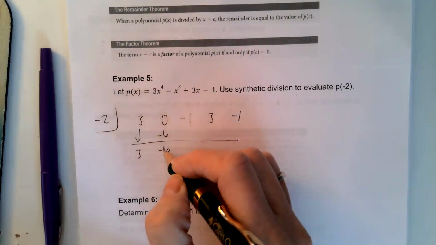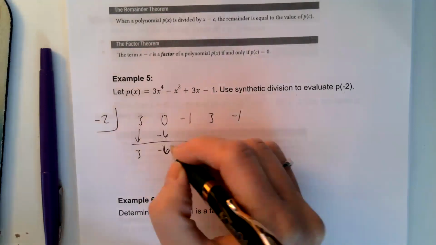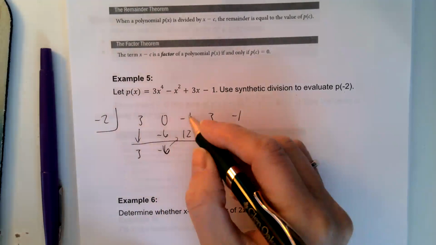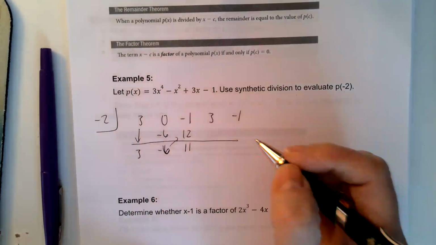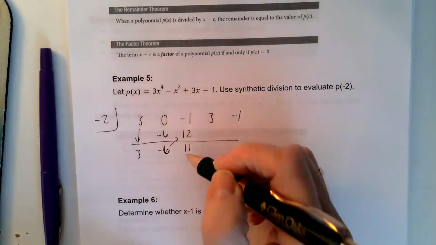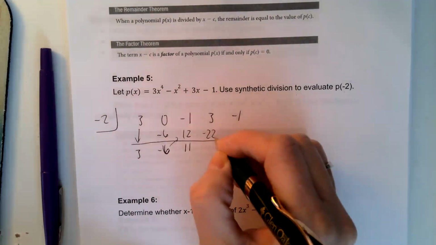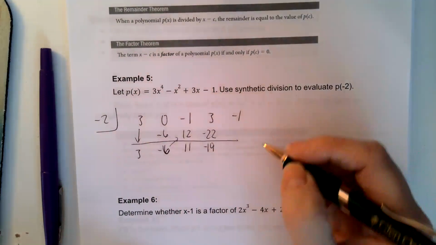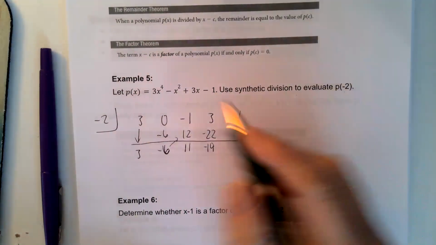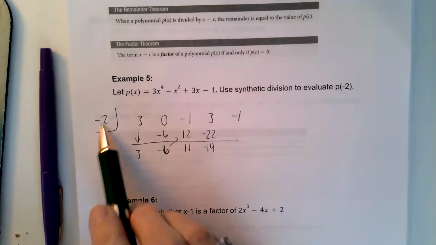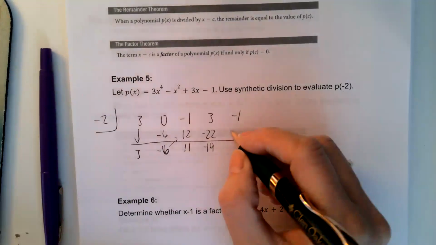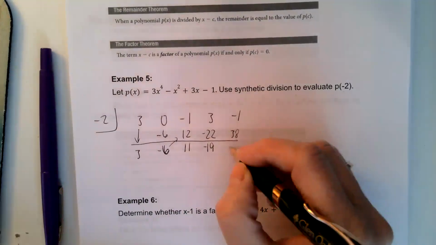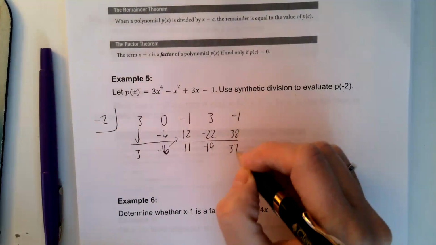A negative 2 times a negative 6 is a positive 12. I add to get 11. A negative 2 times 11 is a negative 22. I add those to get a negative 19. And a negative 2 times a negative 19 is a positive 38. And I add those to get a remainder of 37.